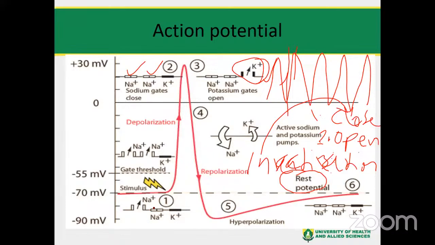Compare it to the earlier one, you see that this one was not open. It was only this one that opened, the initial part. Then the sodium entered, and it drives the membrane potential toward the gated threshold. And when that happens, that is the threshold for an action potential to occur. So more sodium ion channels open, more sodium ions move into the cell, therefore bringing about depolarization.